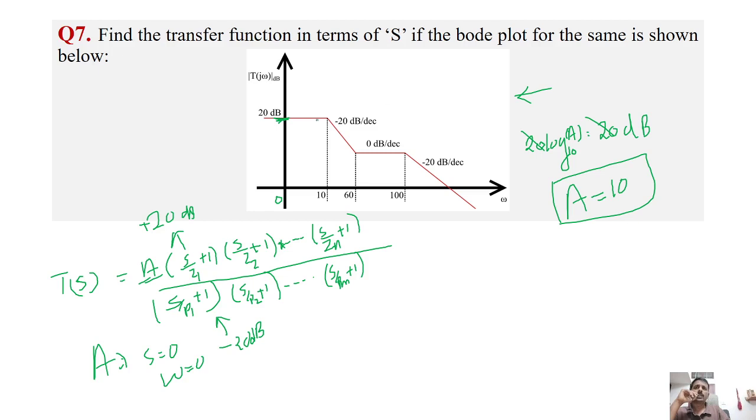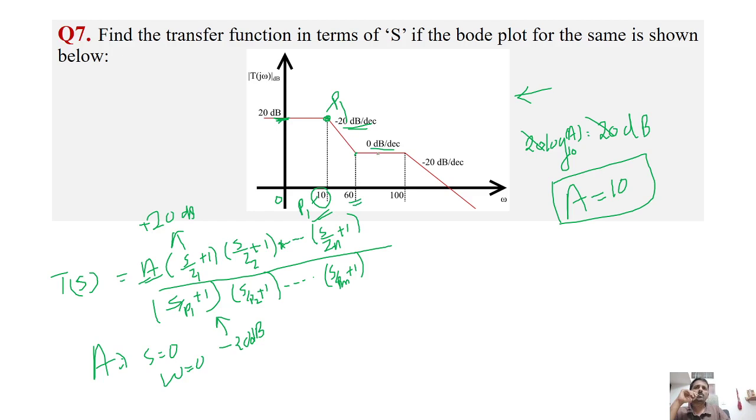Okay, so as we can see in this graph, initially at omega equal to 0 it was 20 dB, and at frequency 10 the roll off started to be minus 20 dB per decade. So at this point it will be a pole P1. So P1 is equal to 10. So there is one pole at 10, and now coming to 60. At 60 the roll off became 0 dB per decade.